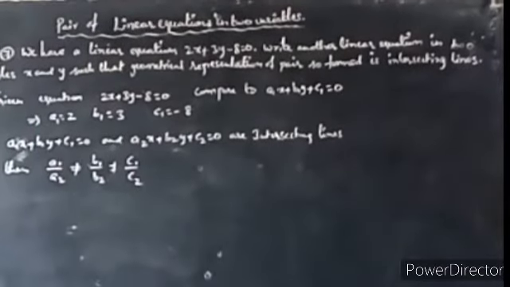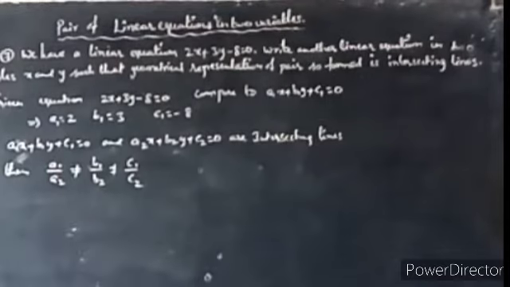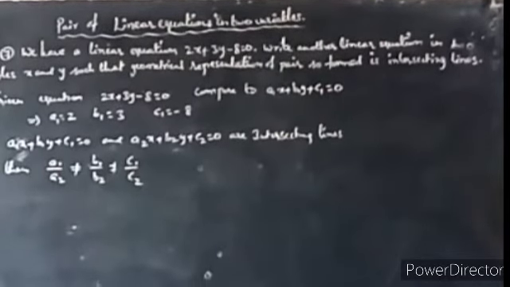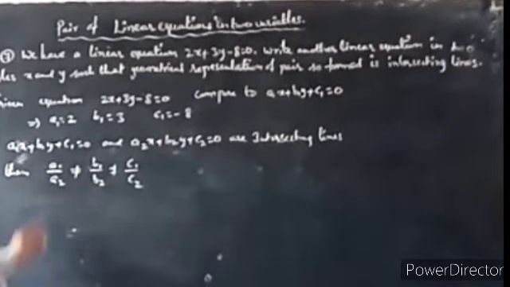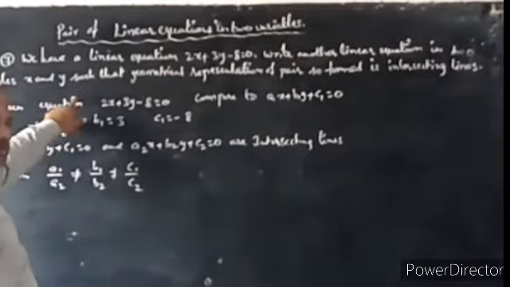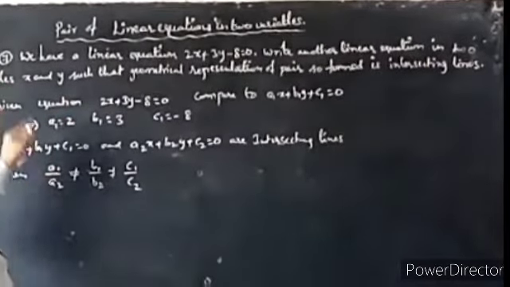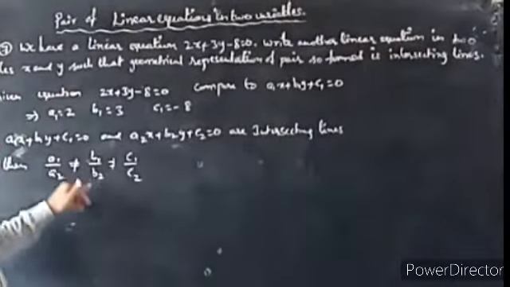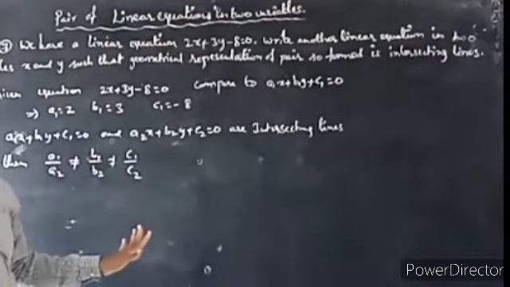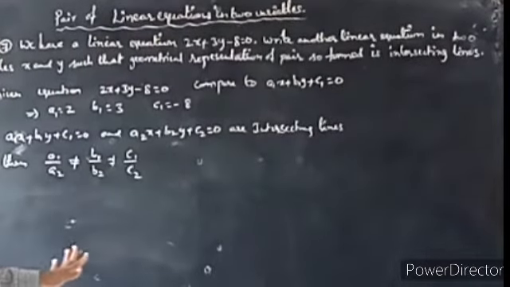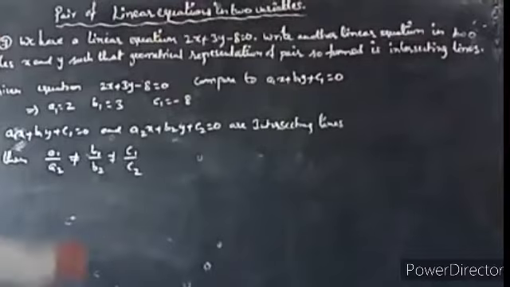No ratios are equal. Ratios of the coefficients of x, y or constants are not equal. So here a1 is 2, so 2 by a2 and 3 by b2 cannot be equal. So what numbers do you have to take?